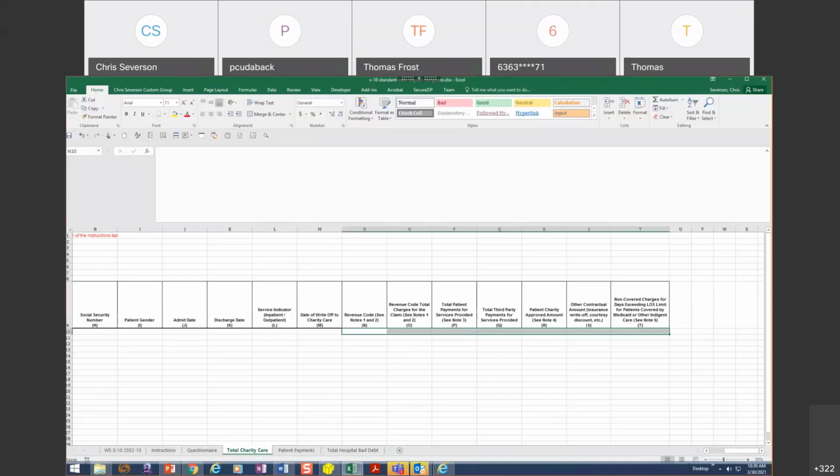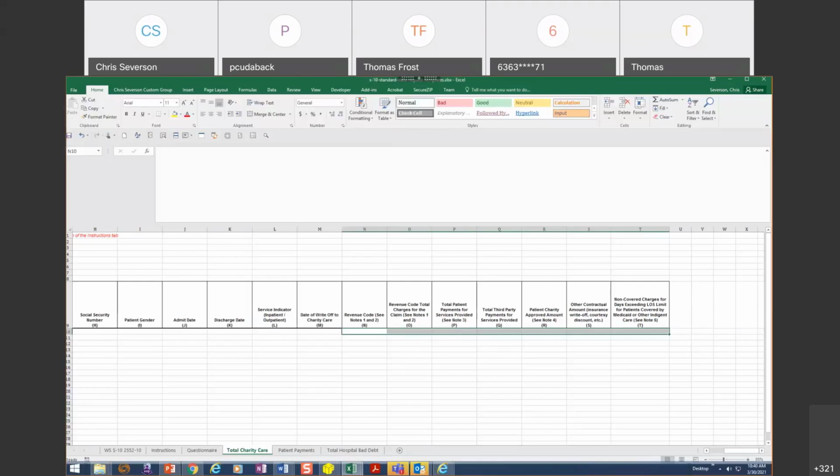And let's see, to clarify, if a bad debt write-off code or charity care write-off is reversed with payment and captured in the current year, as it is code activity in the current year, it would not appear on the patient payment tab. So let me see if I understand that. If they're reversed with payment, good question. So you're right. If the payment came in and based on your internal policies, you go back and, instead of just treating that as a normal payment, actually reverse the original charity care write-off, then you're right.